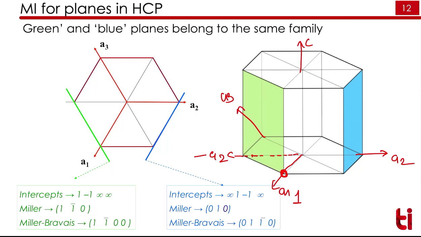A3 intercept is infinity, C intercept is infinity. Take reciprocals: 1, minus 1, 0, 0. These are the Miller indices for the green color plane.